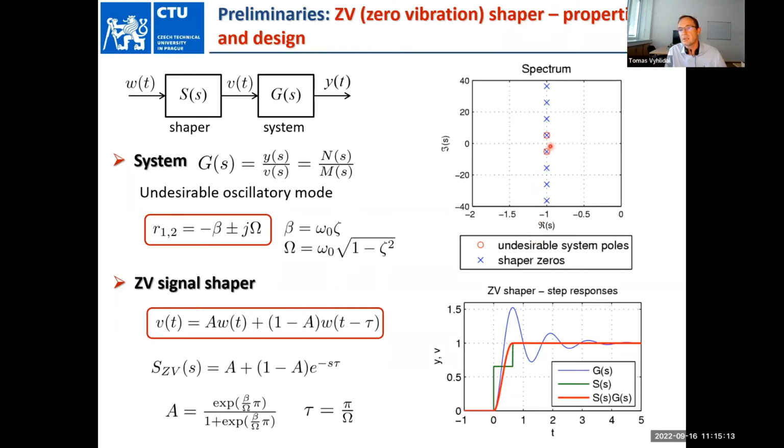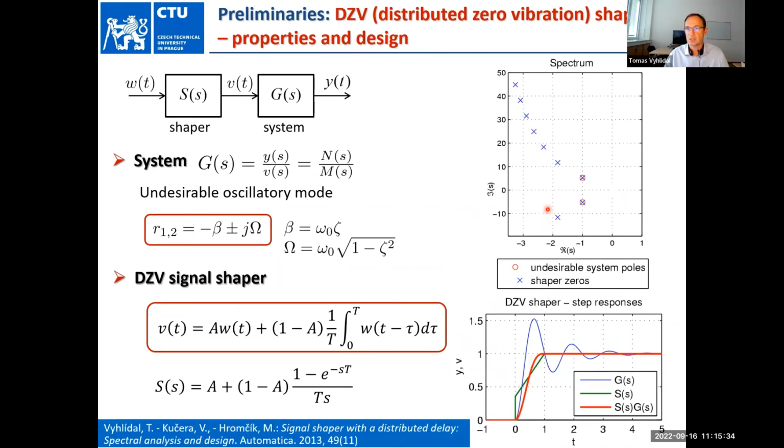If you look at it in the spectral domain, we again have zero-pole compensation. But you see that if you use this type of shaper, we have a neutral spectrum, which can be dangerous in some practical applications.